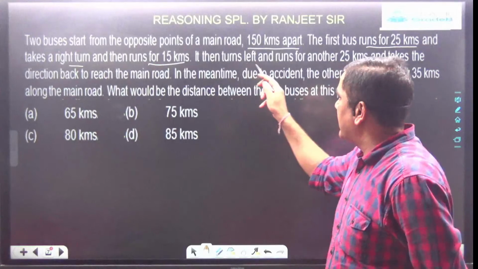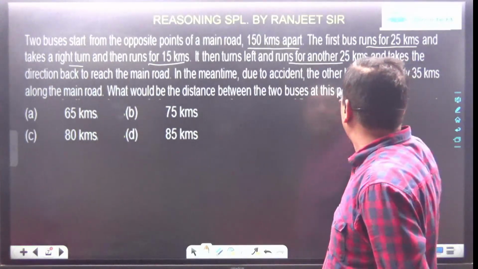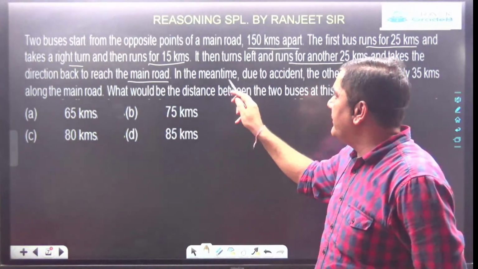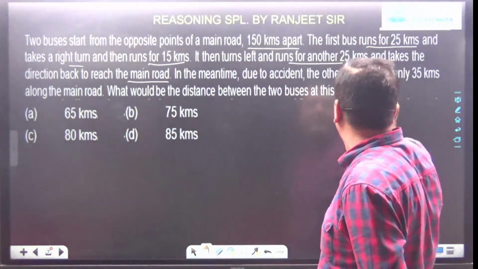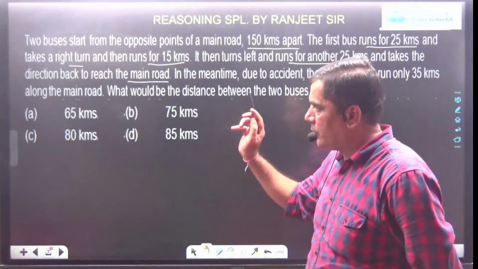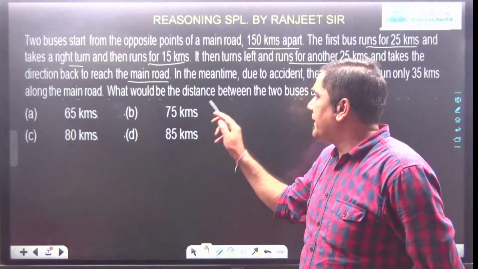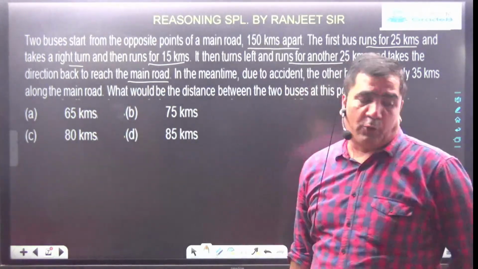It then turns left and runs for another 25 kilometer and takes the direction back to reach the main road. In the meantime, due to an accident, the other bus has run only for 35 kilometer along the main road. What would be the distance between the two buses at this point?